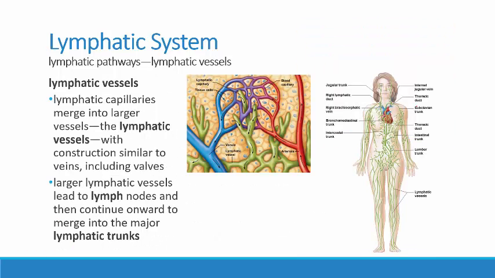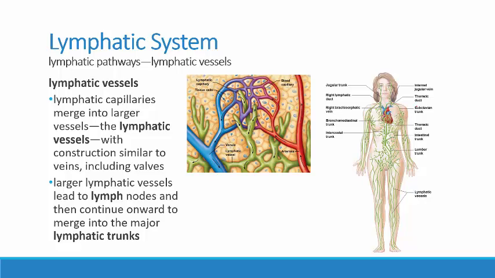So lymphatic capillaries then merge into larger and larger vessels, the lymphatic vessels, and they have a construction very similar to what we see in veins in the body, including the one-way valves that are found in the pathways of the larger veins. We see those also in the pathways of these larger lymphatic vessels.